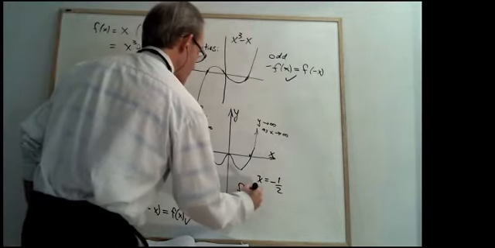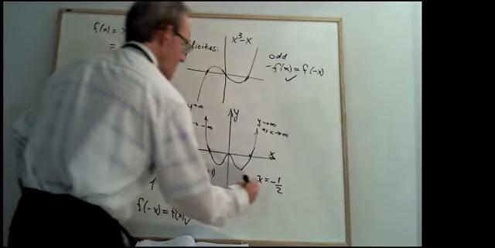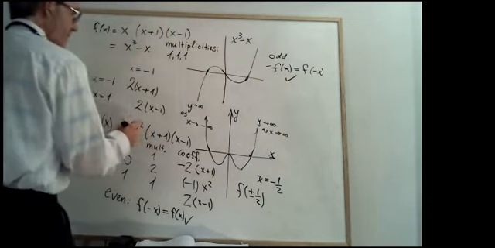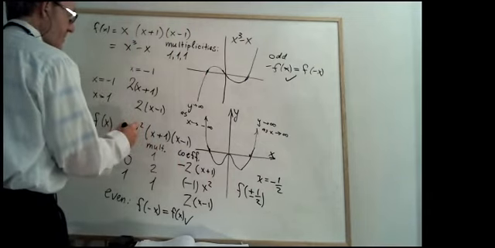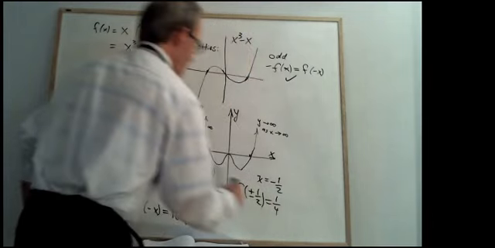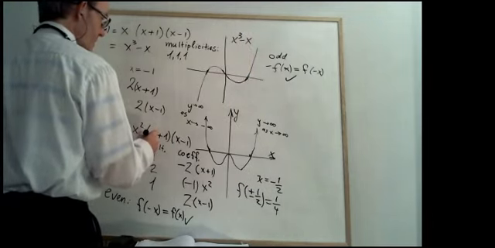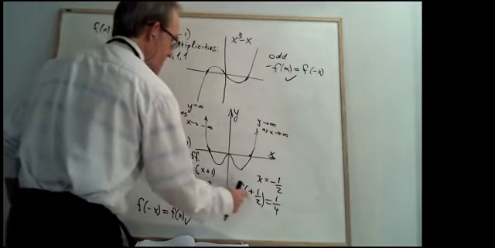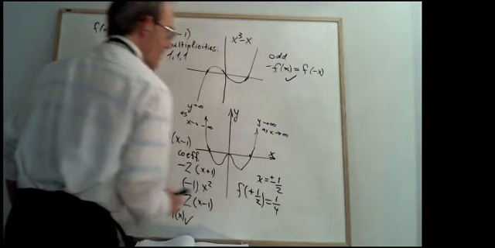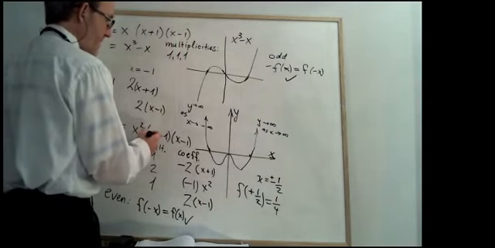F at x equals minus 1/2 or plus 1/2 is the same thing. We get x squared is 1/4, and then you'll get the same thing if you take x equals minus 1/2.